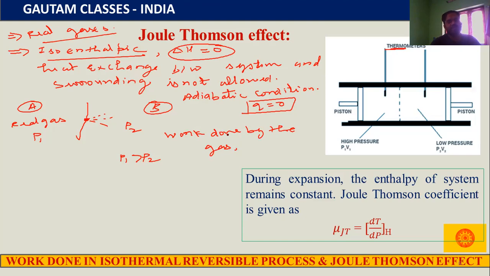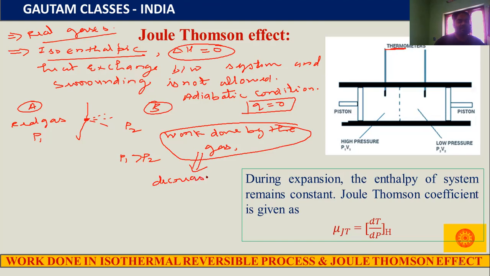So whatever internal energy is present in that gas, it is going to convert in the form of work done. That means when work is done by the system, it is decreasing its internal energy.